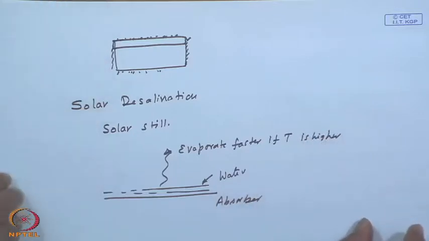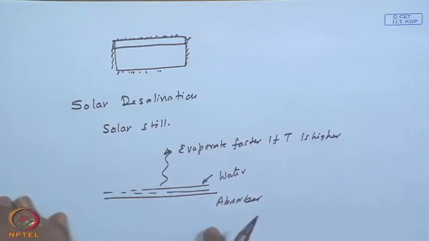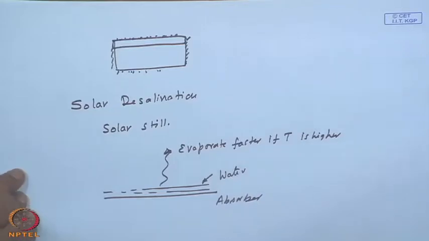There is a difference between boiling and evaporation. Evaporation is a continuous phenomenon. It can take place at any temperature, mass transfer controlled. So, you have an absorber and a water layer heated to 45 degrees, 50 degrees C, it will evaporate much more than what it would had it been at 30 or 20 C.